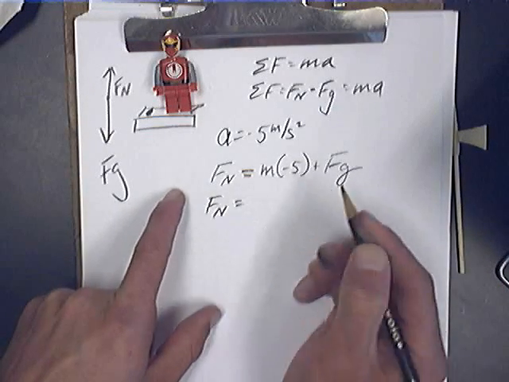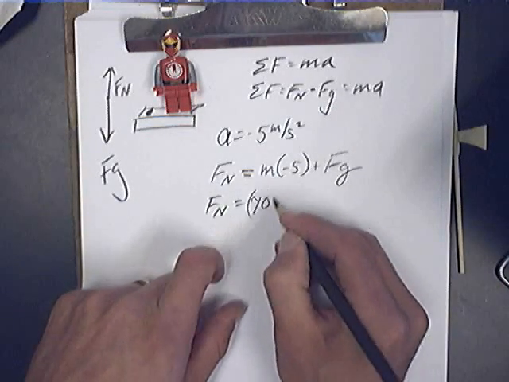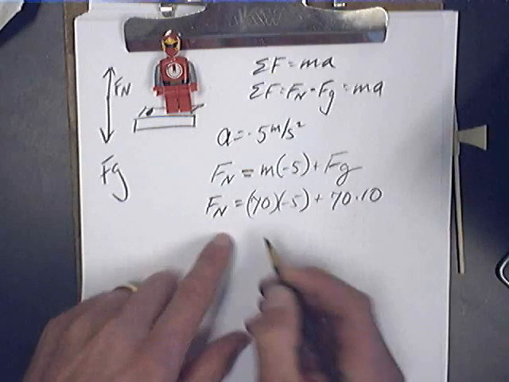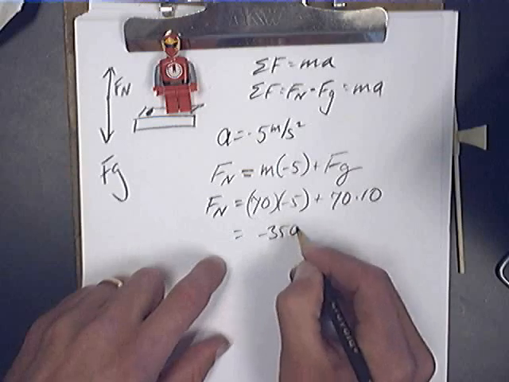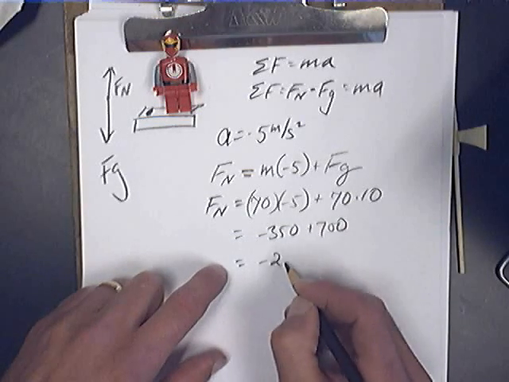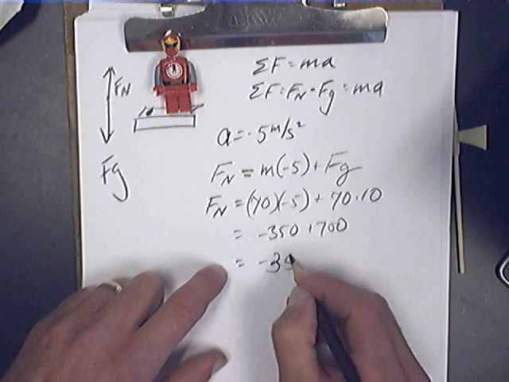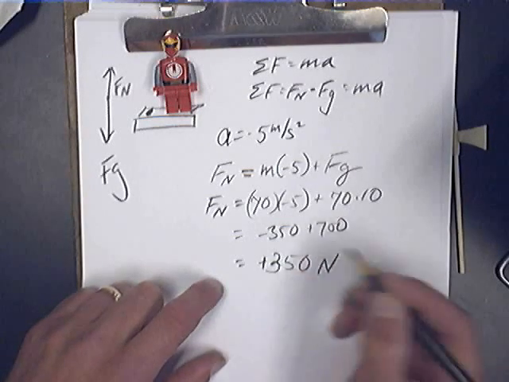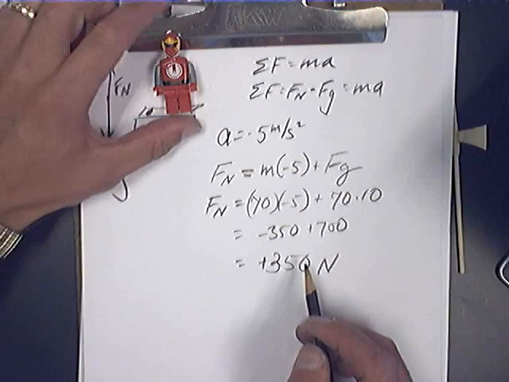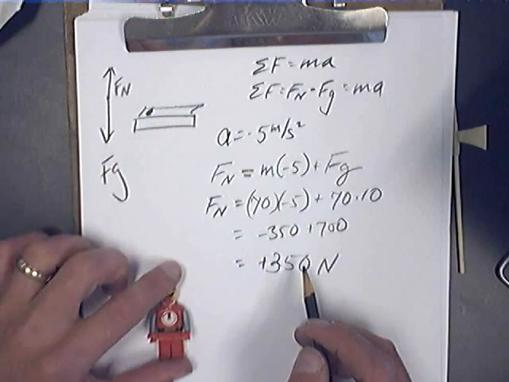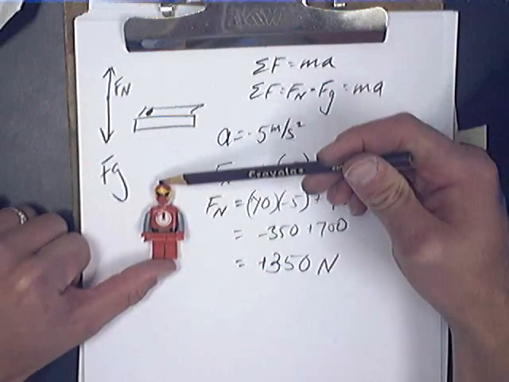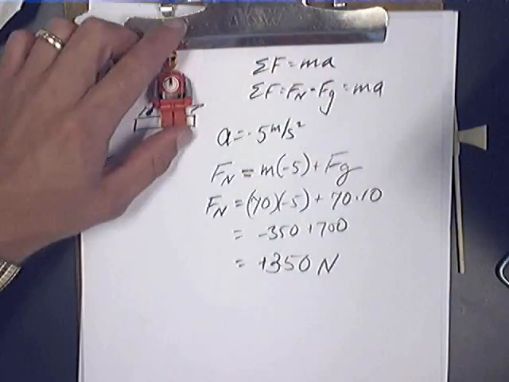So what's the scale reading? 70 times negative 5 plus 70 times 10: negative 350 plus 700, and that equals positive 350. It's reading less. Well, because the scale doesn't have to push up on me as hard because it's letting me fall.